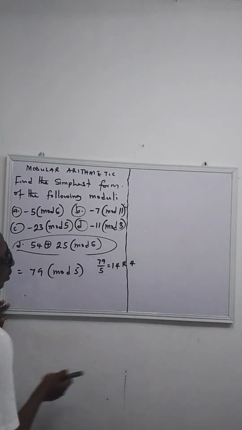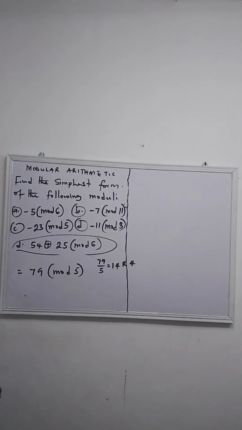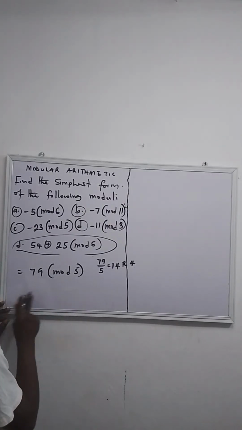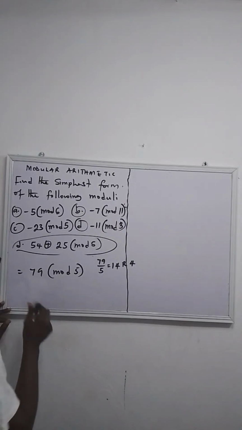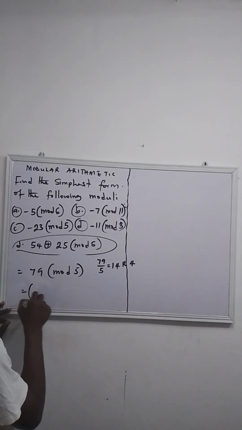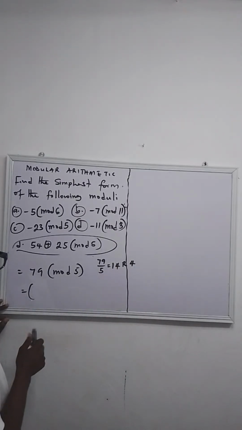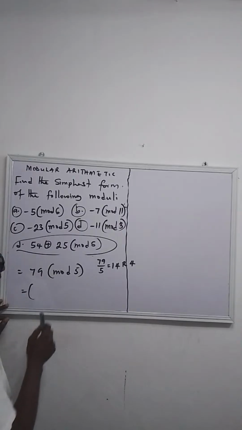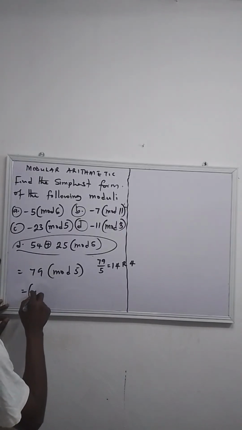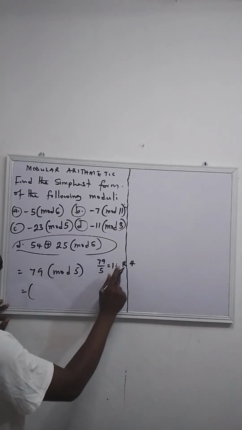Okay, can you see that? So that means our result now is going to be what? We just have this times this. So I think this is supposed to be 5, right?